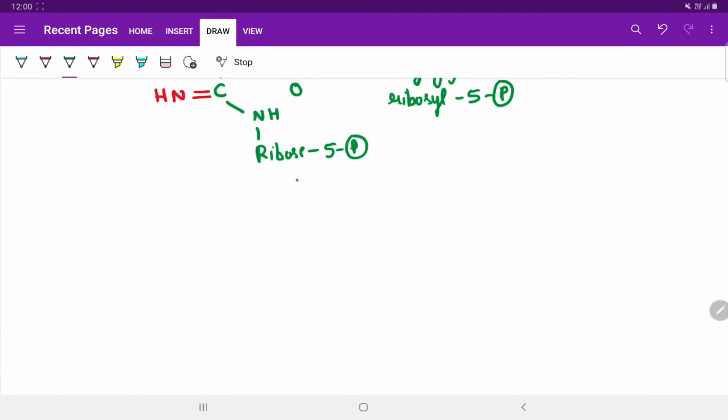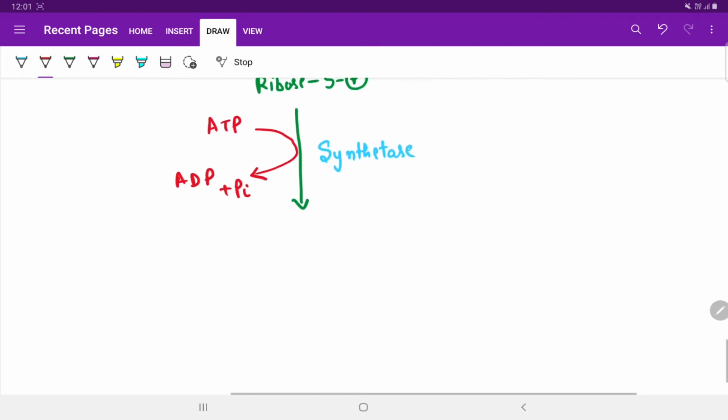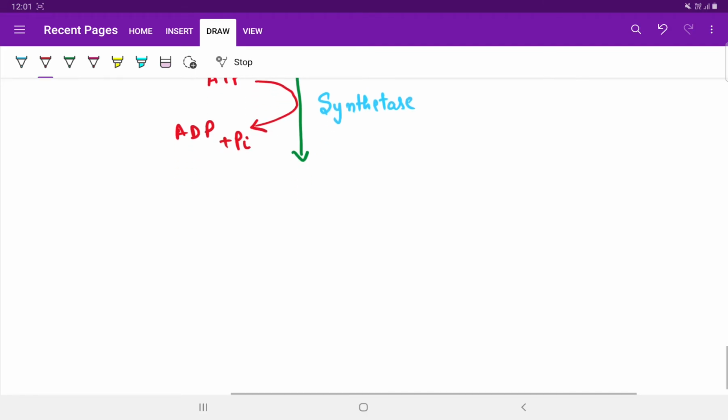And then again in the presence of synthetase enzyme and addition of an ATP molecule, this leads to the formation of a 5-membered ring structure known as aminoimidazole. I will represent how this aminoimidazole is formed with a totally different color, the red color.